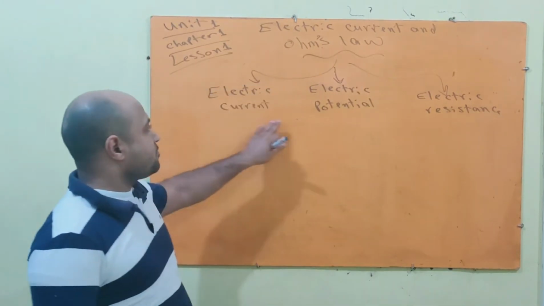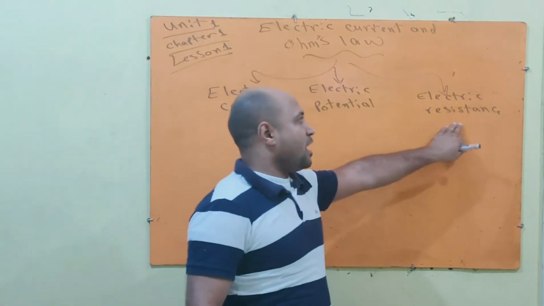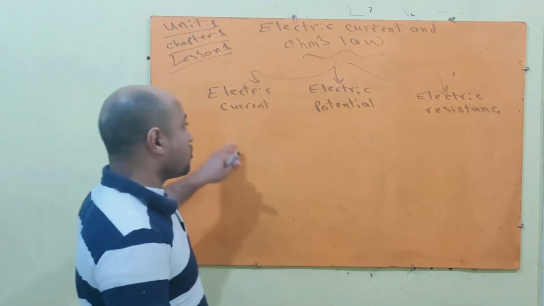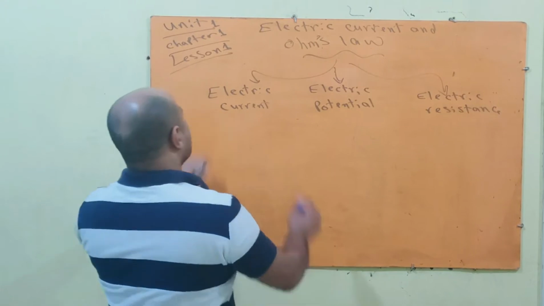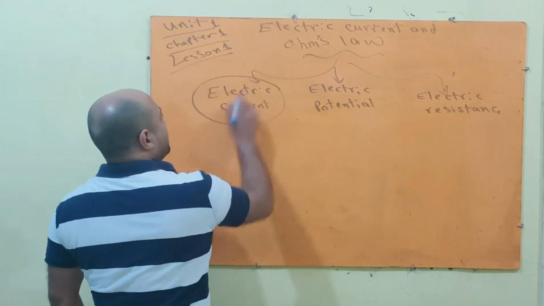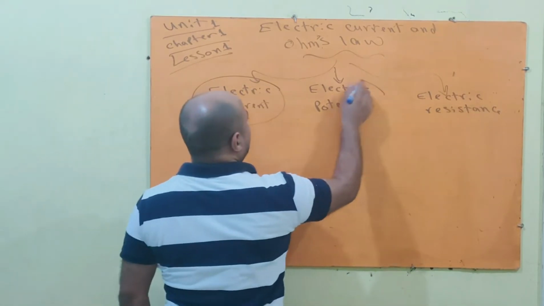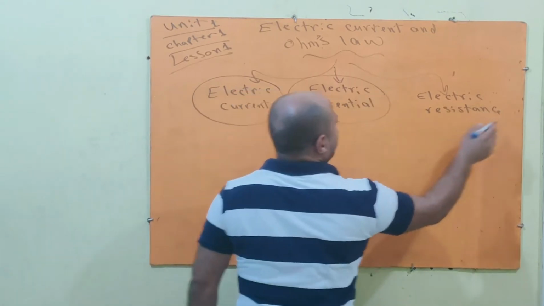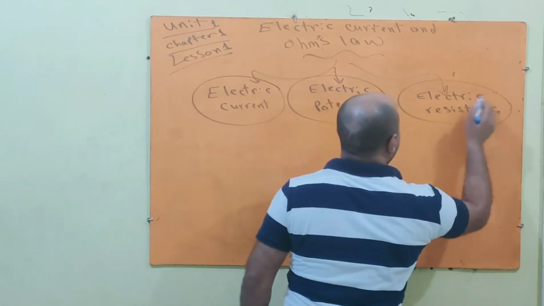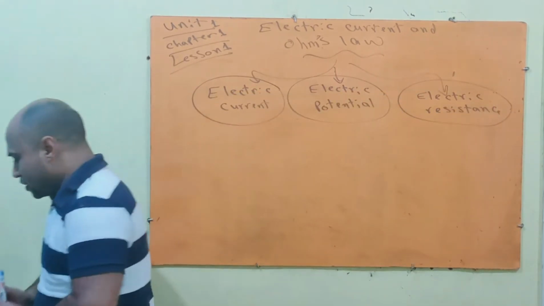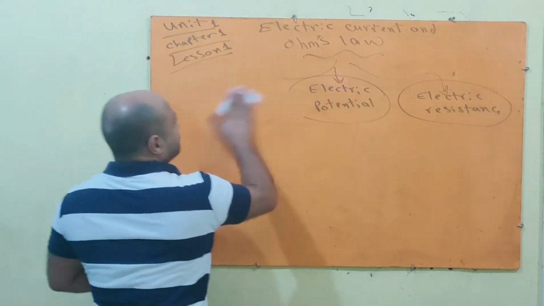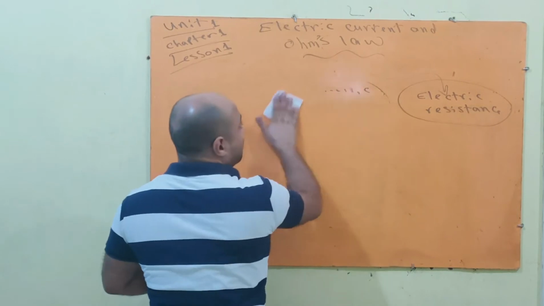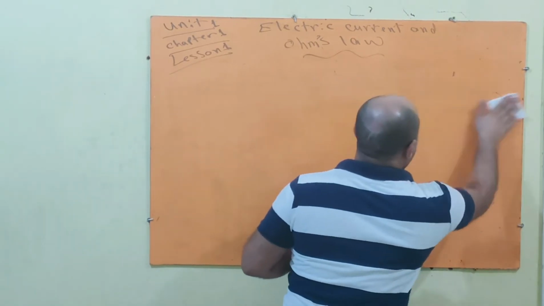And later we are going to talk about the power. Okay, first we are going to talk about electric current. What's meant by electric current? Then electric potential, then later electric resistance. First, electric current. What's meant by electric current? And what is the importance of electric current in our daily life?